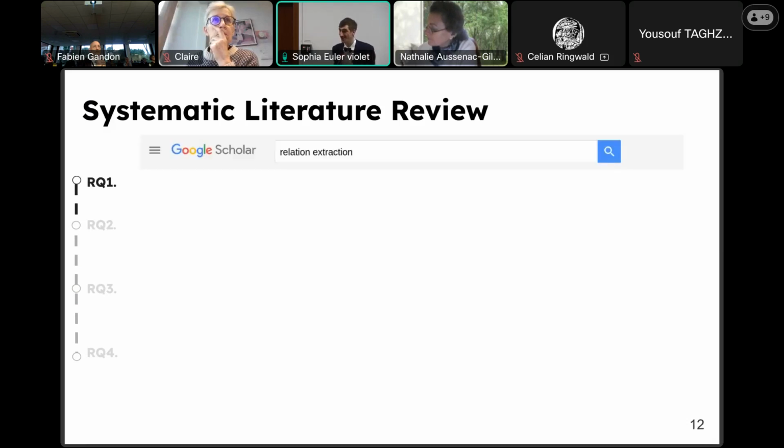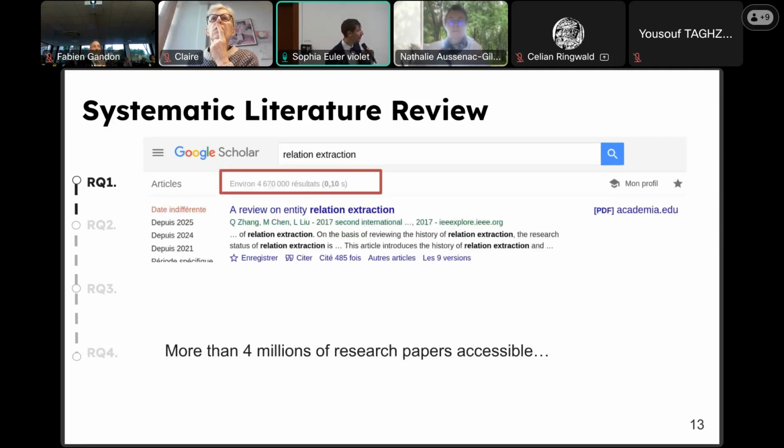As my research question was related to relation extraction, the first thing that I did was to search in Google Scholar these keywords, relation extraction. And I obtained from this search more than 4 million articles. Screening such a volume is completely impossible. I have to say also that it's not specific to my context.